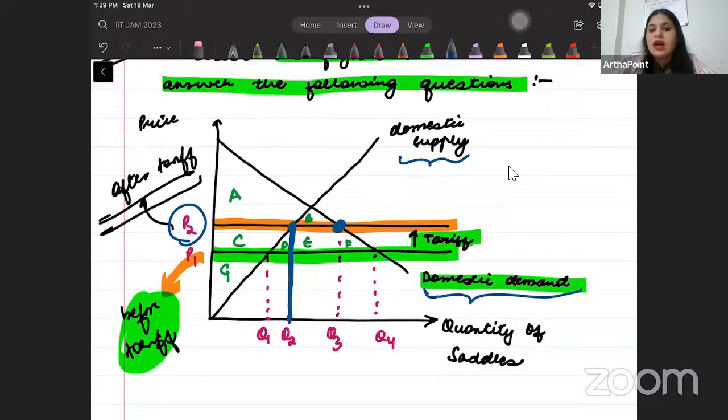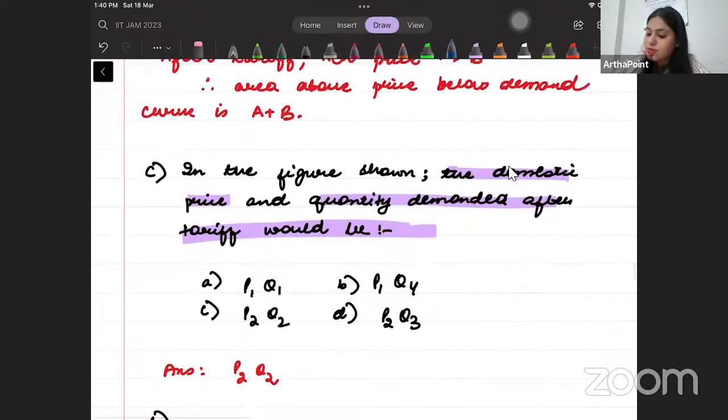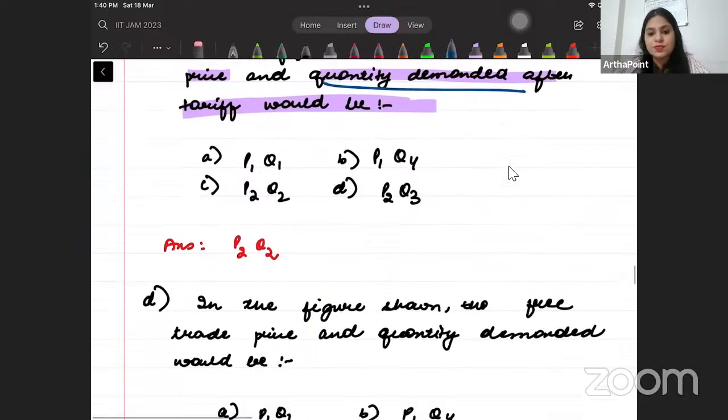So therefore, after tariff, I will only have a supply of this much, Q2, at price P2. This is what would be the domestic supply, right? So the question says what will be domestic quantity, and that would be Q2, P2.